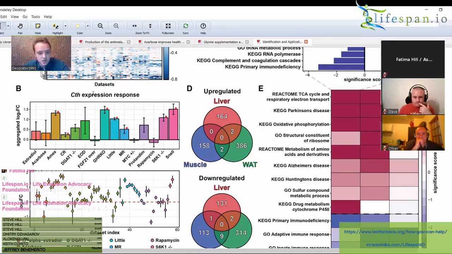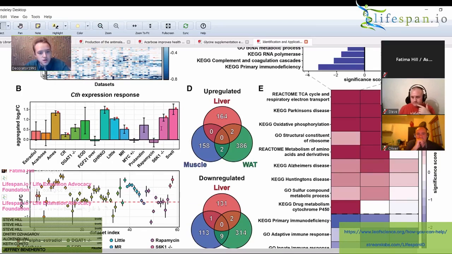And it was very well known to be involved in the effect of methionine restriction, not surprisingly. But here we found that it's consistently upregulated in response to very different interventions. So it's shown here on panel B.